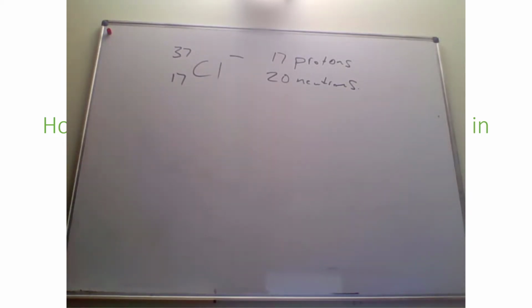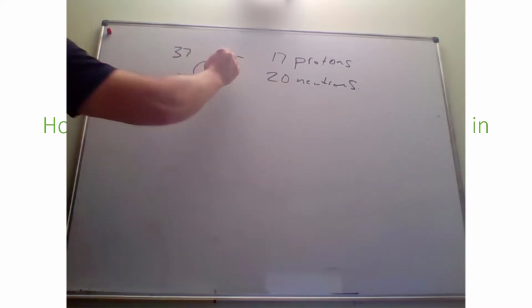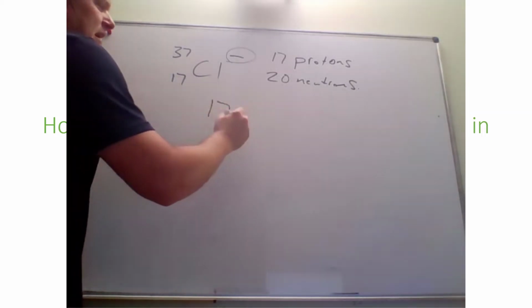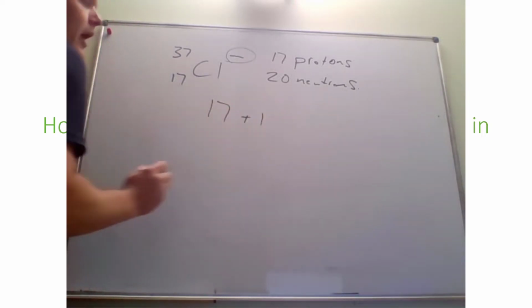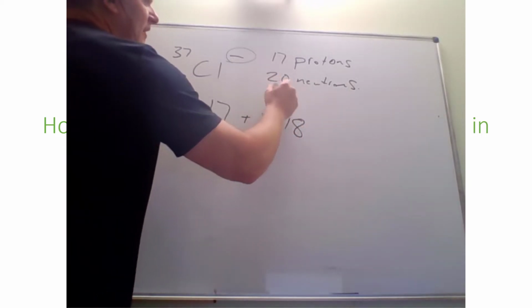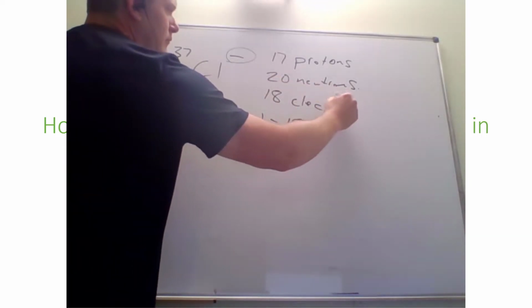Okay, and the number of electrons, for a neutral molecule, the number of electrons would be equal to our number of protons. But here we have an extra negative charge. So you take your 17 electrons plus 1, and what we have now is 18 total electrons.